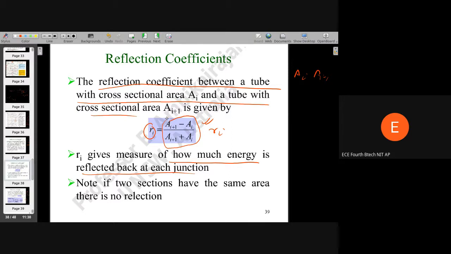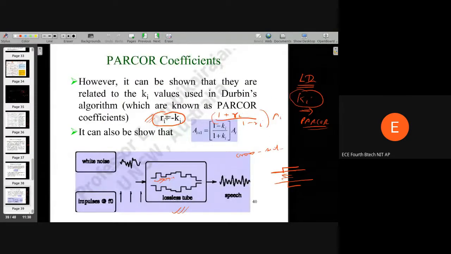So these reflection coefficients that we can estimate, which are related to the Levinson-Durbin Ki parameters, help us get a relation between the cross-sectional areas of the tubes.